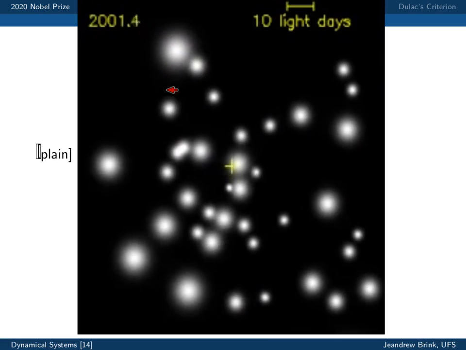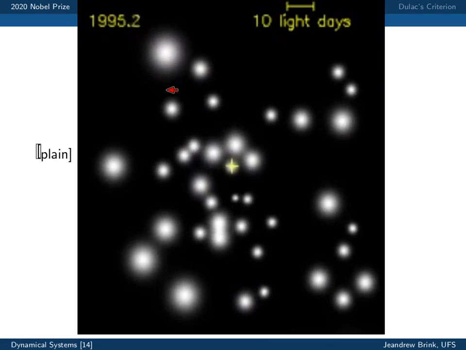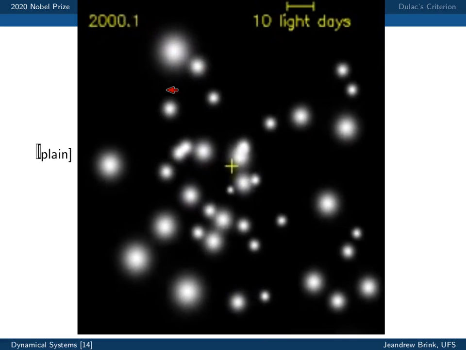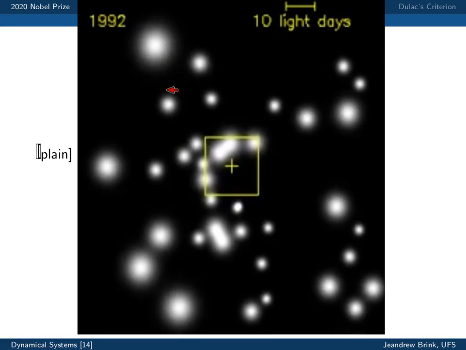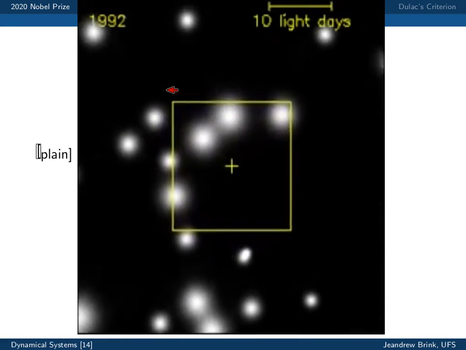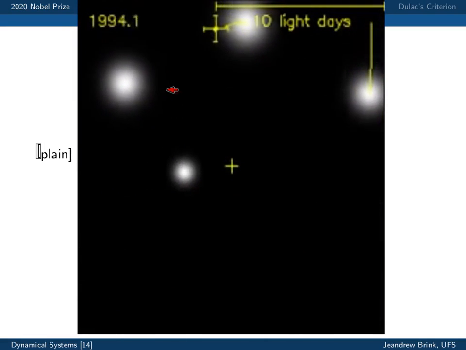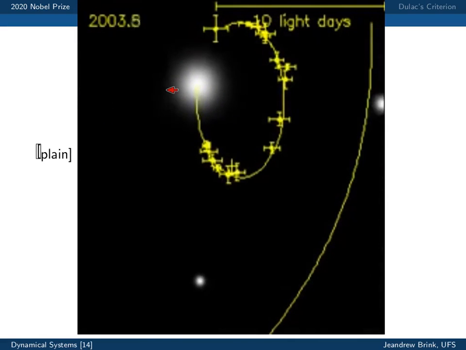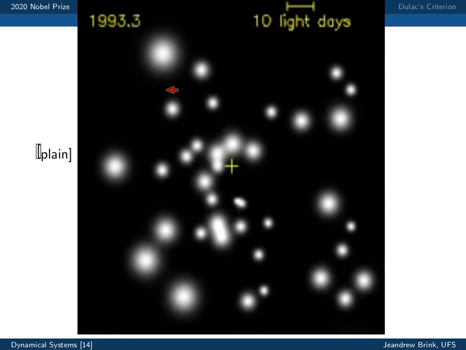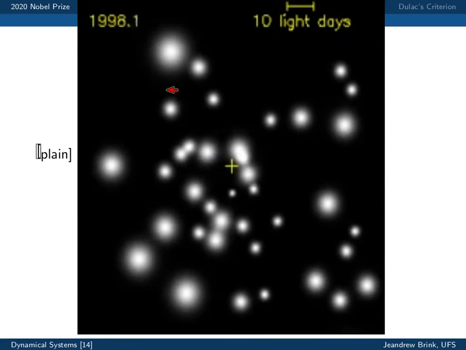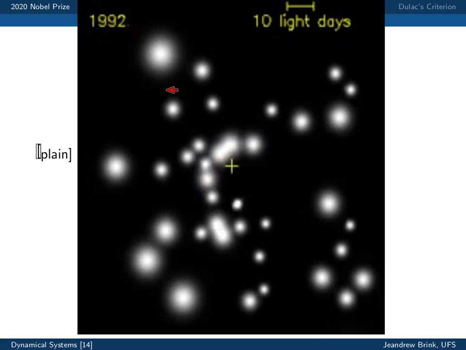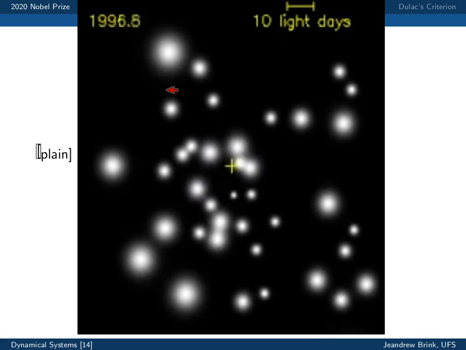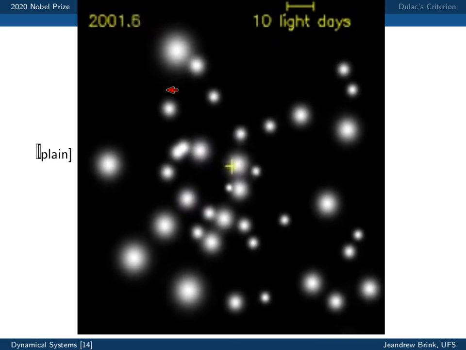So this is what they basically do. They have a lot of technology that they've developed to look at their cameras, to take out the atmosphere, and then to clean up the images, and they record it regularly. You can see that it's not perfect, you see those error estimates on it. The position is not perfectly known, but they've had so many data points that they can actually track the orbit quite accurately.